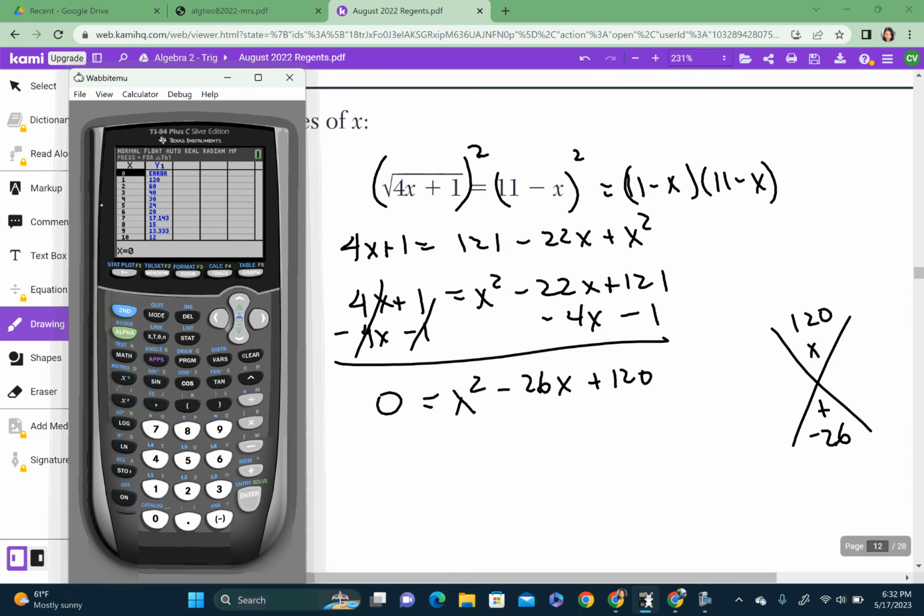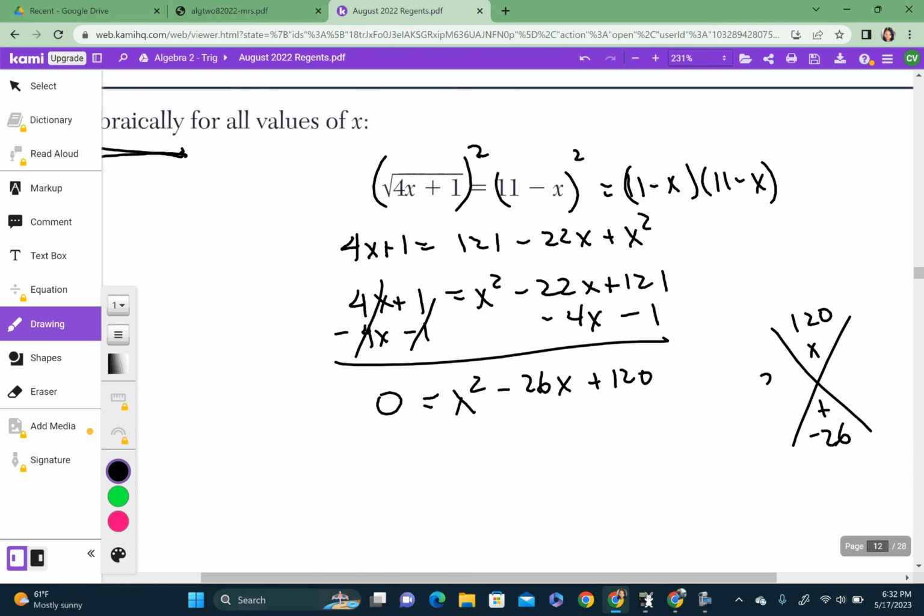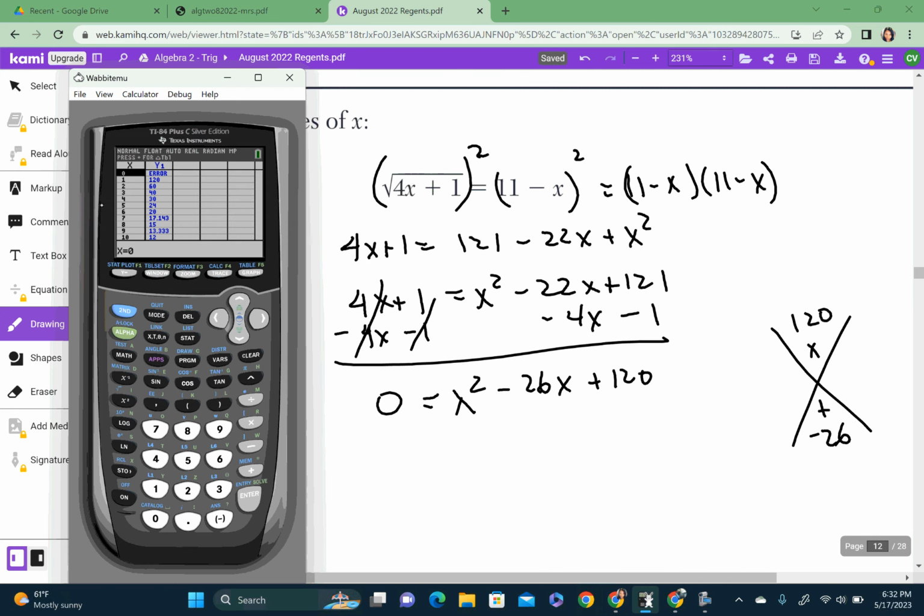But think about it, right? If we have 30 and 4 as our answers, one of them had to be negative to add to give you a negative 26, and a negative times a positive is not a positive. So I know it cannot be 30 and 4. If I keep going down, 24 and 5 do not give us 26 when we add or subtract, but 20 and 6 do.